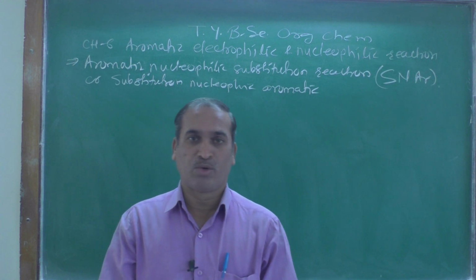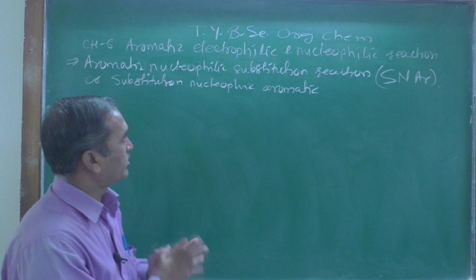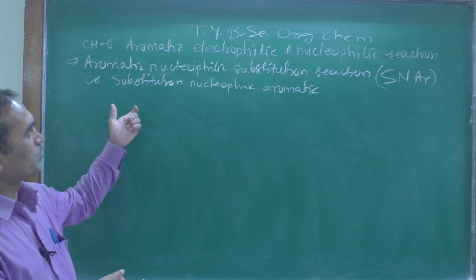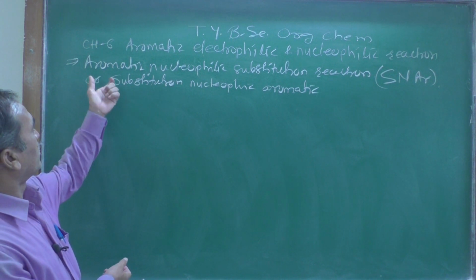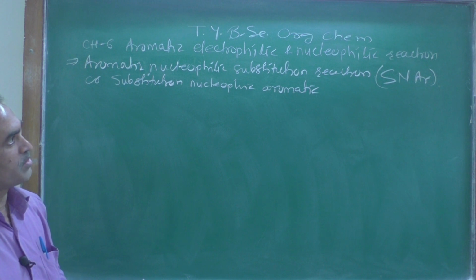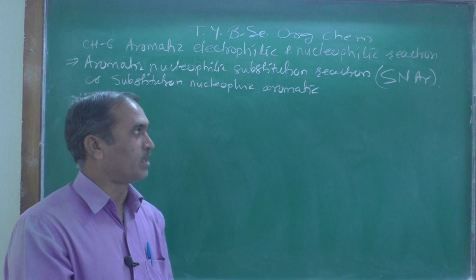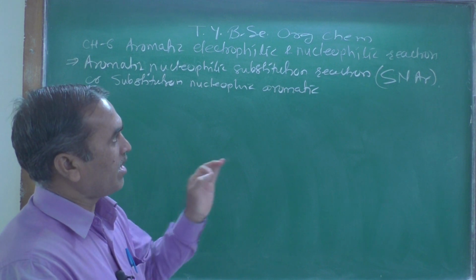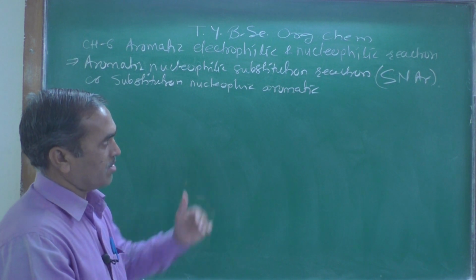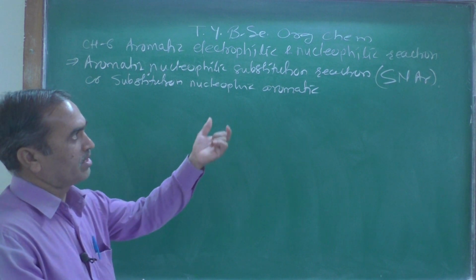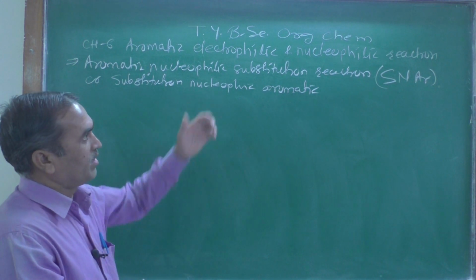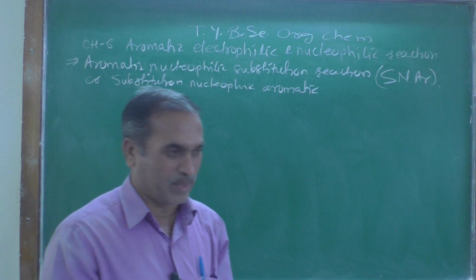So what we are going to discuss today is aromatic nucleophilic substitution reaction. In short we can call it SNAr, where S stands for substitution, N stands for nucleophilic, and Ar for the aromatic compound.